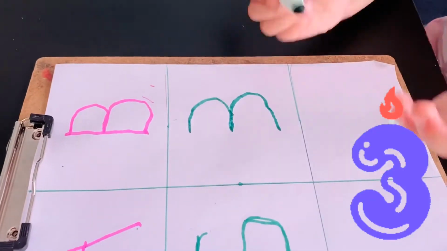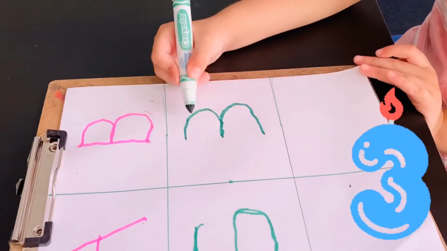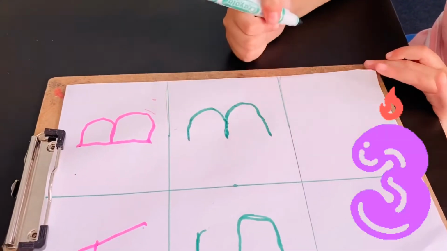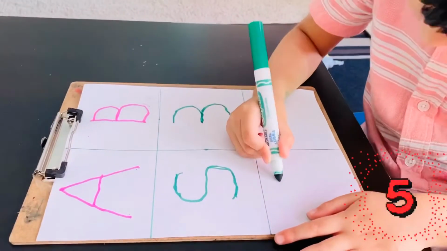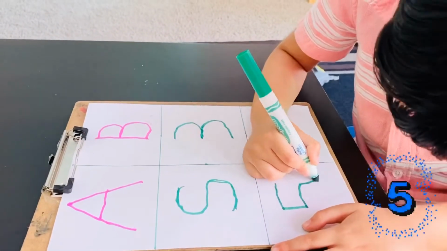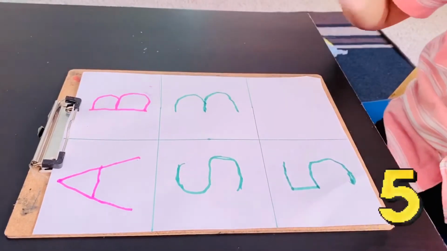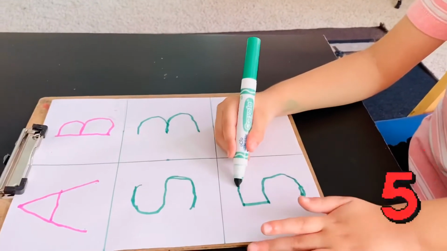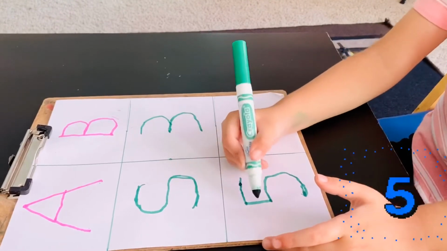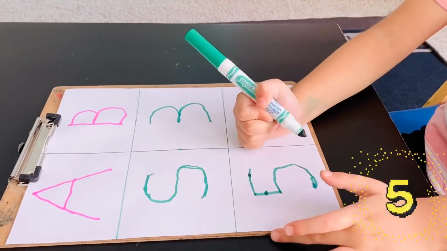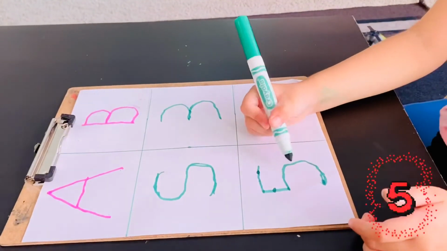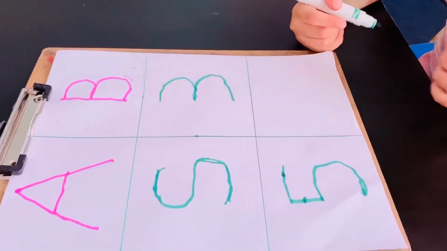This is number 3. Here I use 2 inverted curves. This is number 5. Here I use 1 sleeping line, 1 standing line and 1 inverted curve.